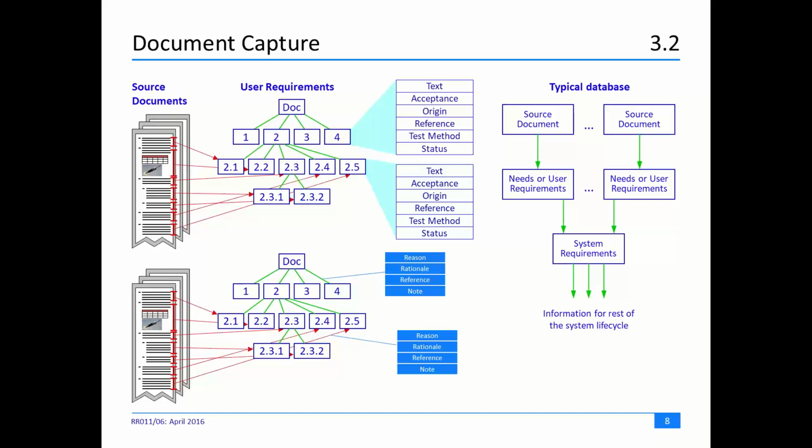Each of the, as Cradle calls them, items in that hierarchy will have many attributes. I'm showing them here as test, acceptance, origin, reference, test method, and status, but the set of attributes is chosen by you. It's not mandated in any way by Cradle. All that we're saying is that we take our source document, we automatically parse it into a hierarchical structure of items, each item having many attributes inside it.